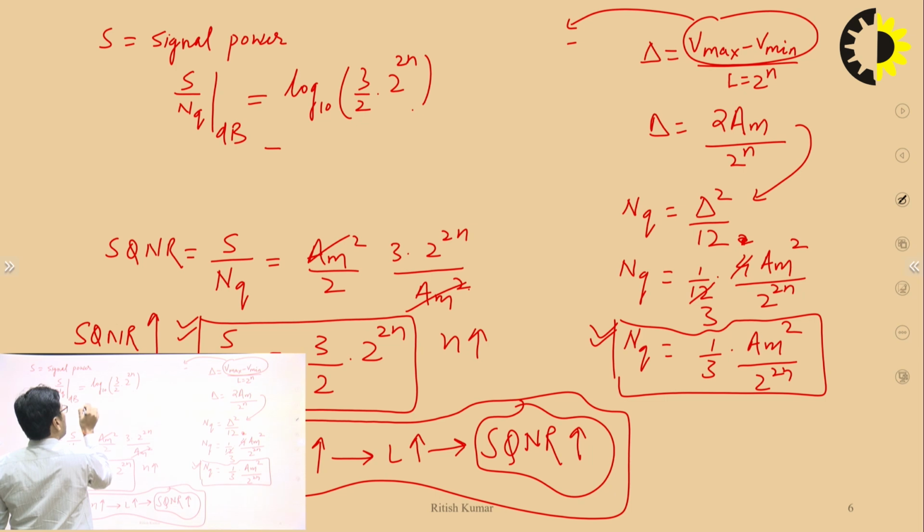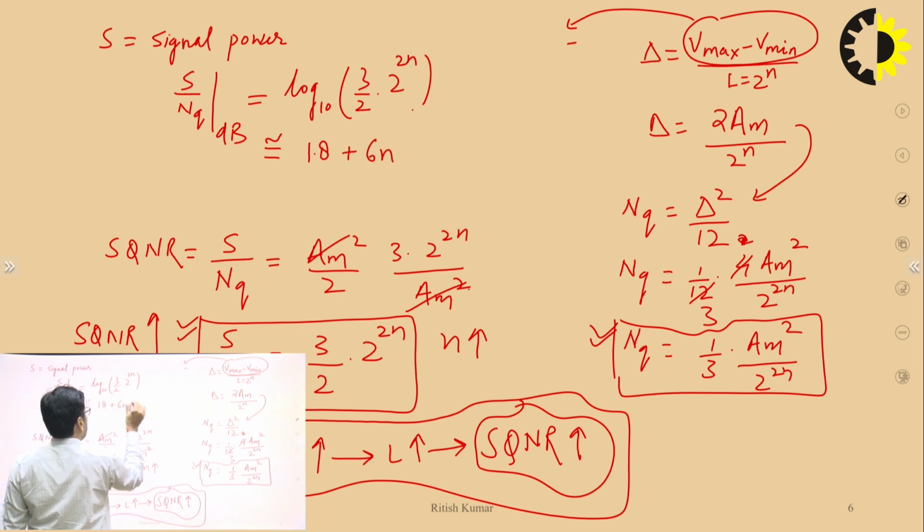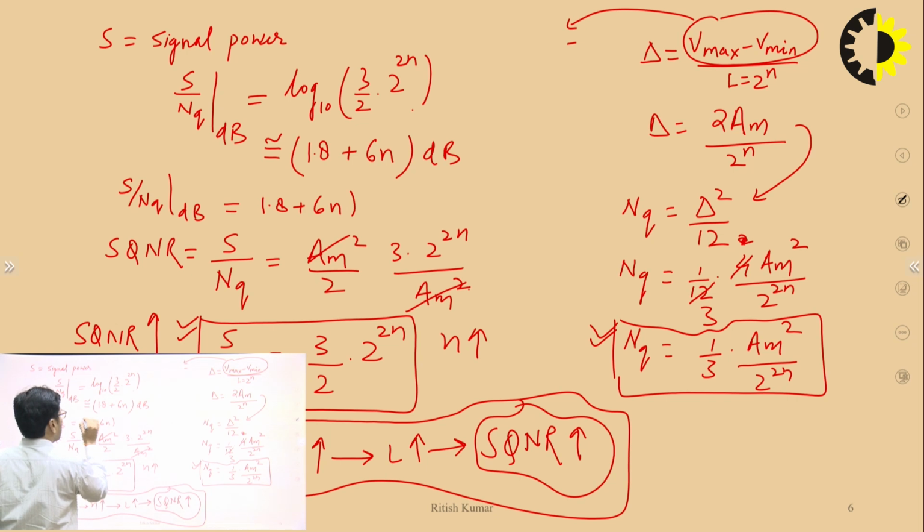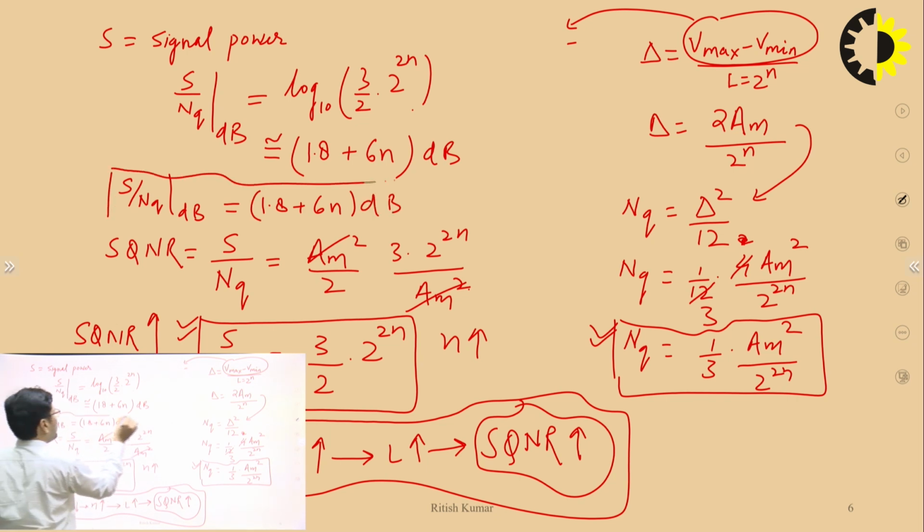So after taking the log, you will get approximately 1.8 plus 6n dB. This is another important formula. SQNR in dB is equal to 1.8 plus 6n dB.